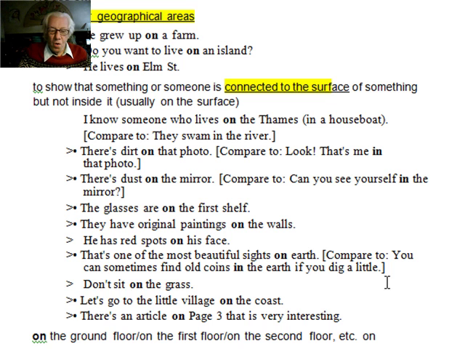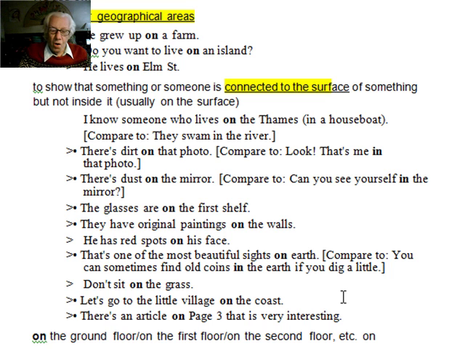Let's go to the little village on the coast. Okay, the coast is a large area, and you might say the coast of Mexico. In other words, let's go to the little village in Mexico on the coast.